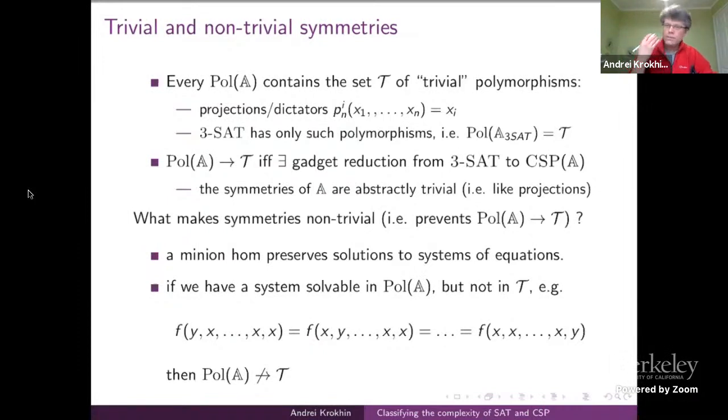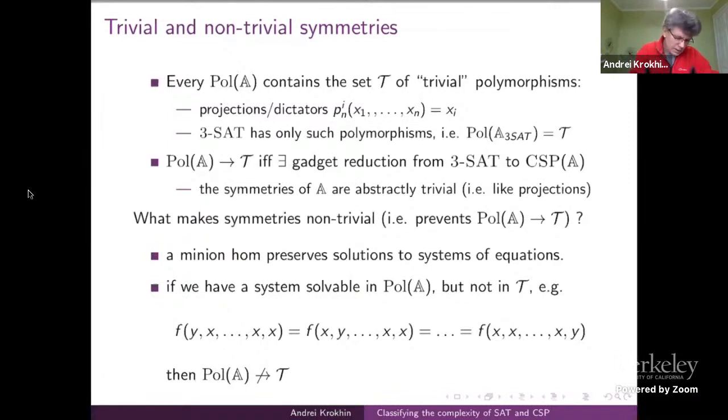Can f be the projection of the second variable? No, because we just look again at this y and say this x. So it's impossible. Well, you probably get how this goes. What I'm trying to say is that there is no solution to this system of equations in projections. You cannot find a projection satisfying all these equations.